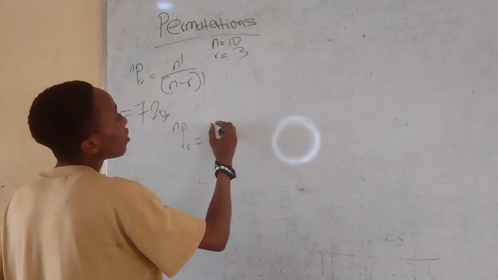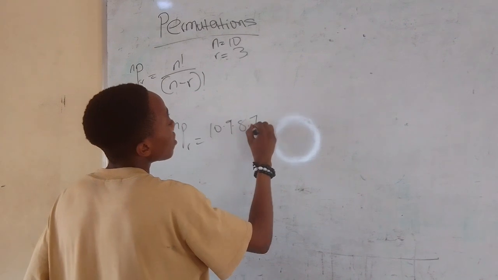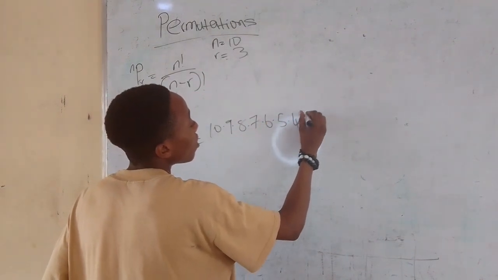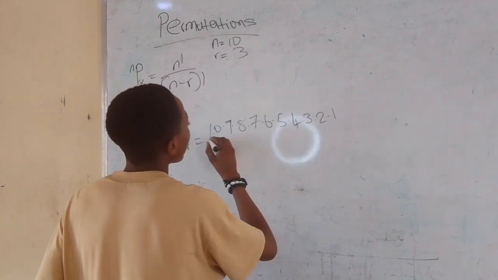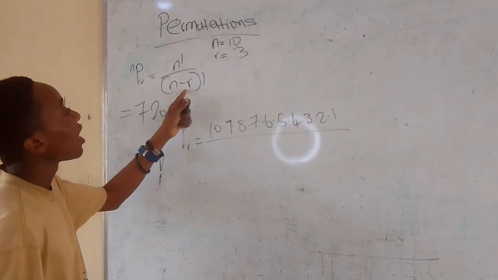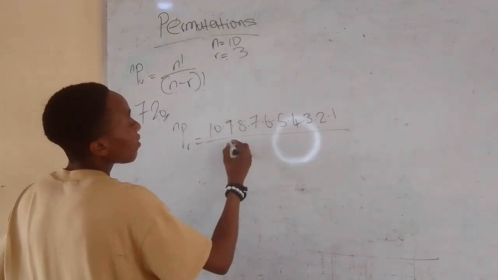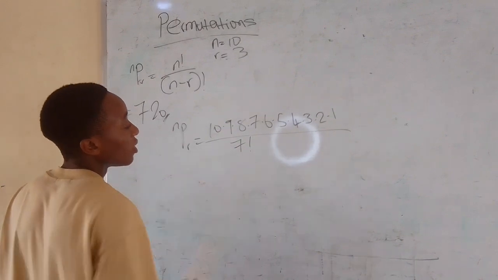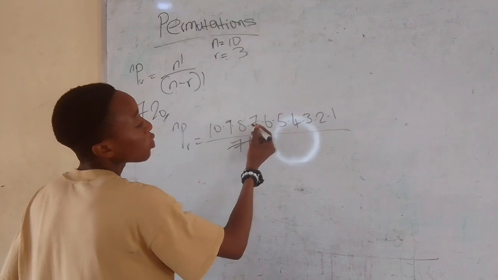Our n permutation: 10, 9, 8, 7, 6, 5, 4, 3, 2, 1, all over n minus r, 10 minus 3, which will give us 7. So here we have our 7 factorial. Now 7 factorial here will cancel with the 7 factorial in the numerator.